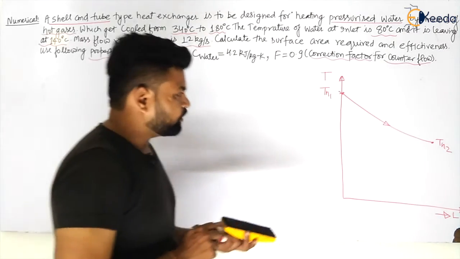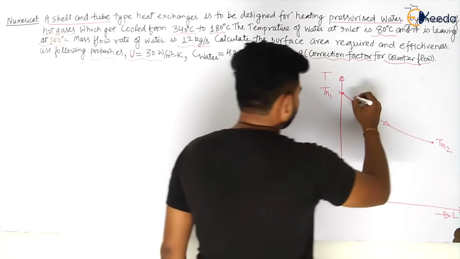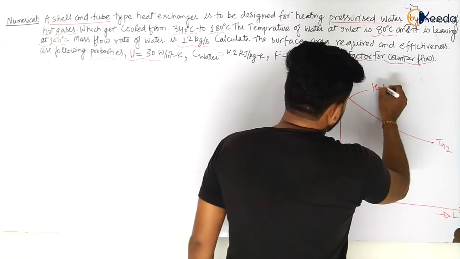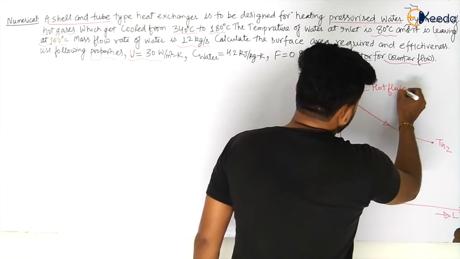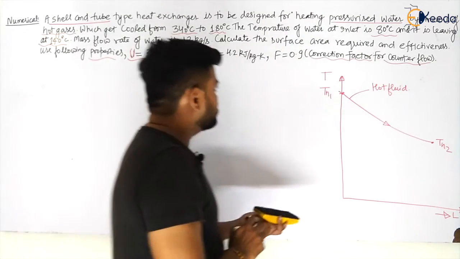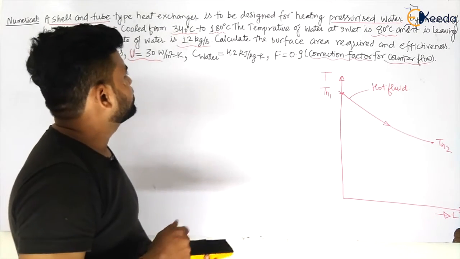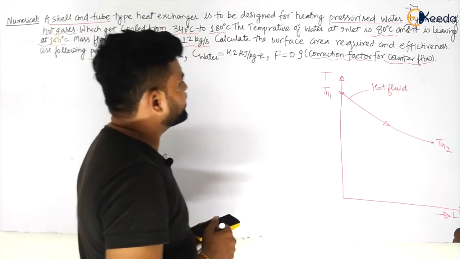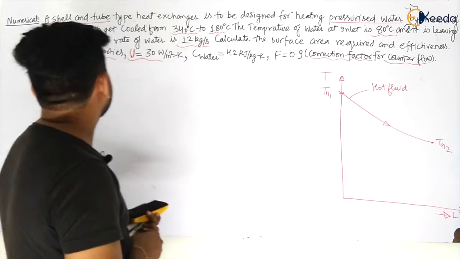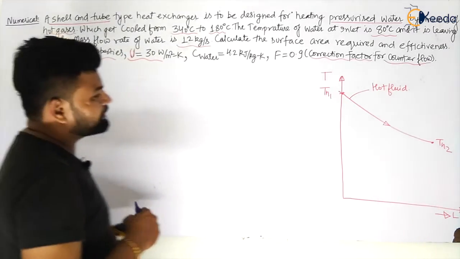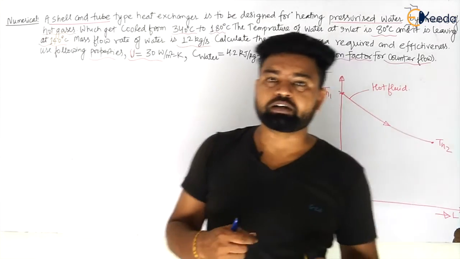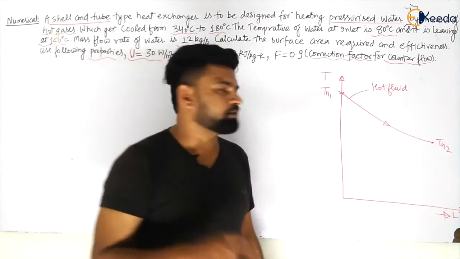That is your hot fluid, which is the hot gases. Now, what is the cold fluid? The temperature of water at inlet is 80 degrees Celsius and it is leaving at 140 degrees Celsius. So this is heated by water, my dear students.